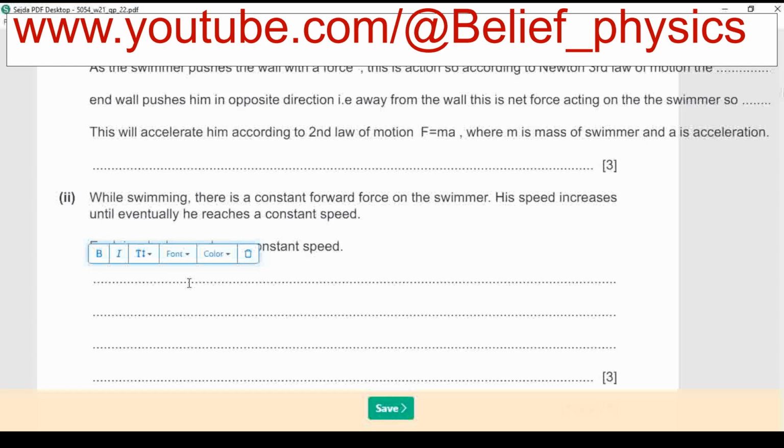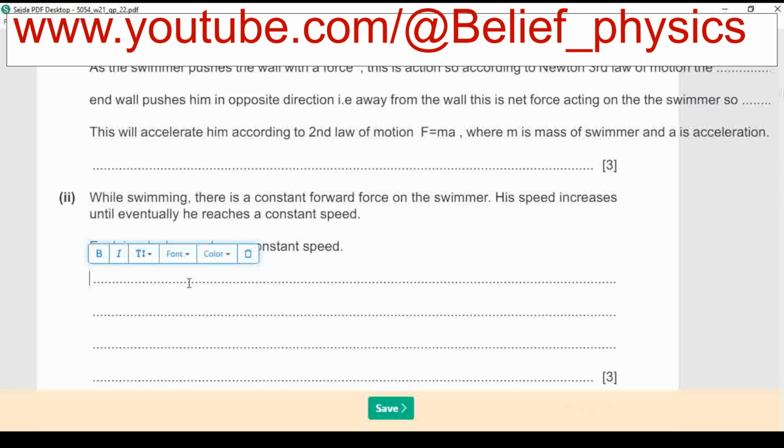A point comes when the opposing force and the force exerted by the swimmer become equal. At this point the net force becomes zero, so acceleration is zero. So this speed is known as terminal speed, and the swimmer moves with a constant speed.